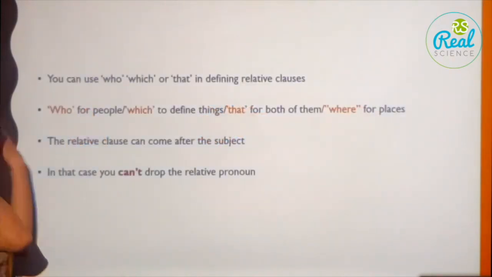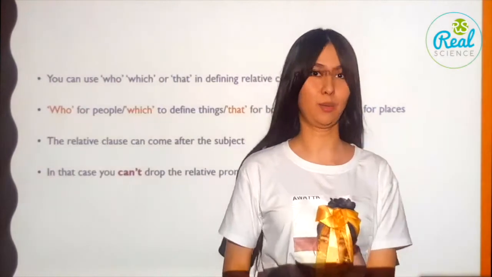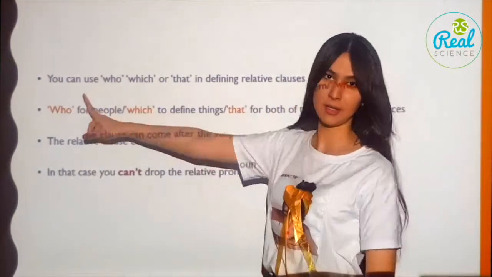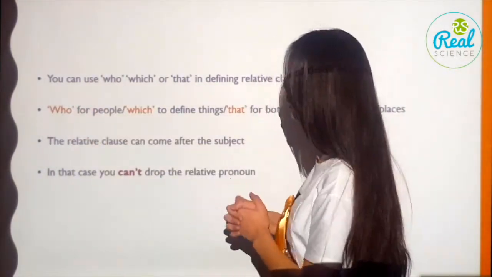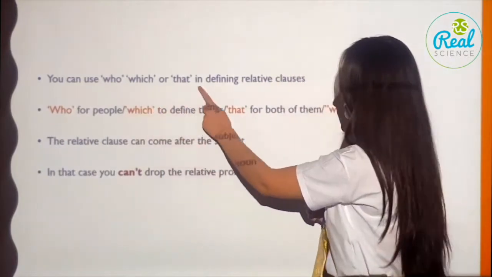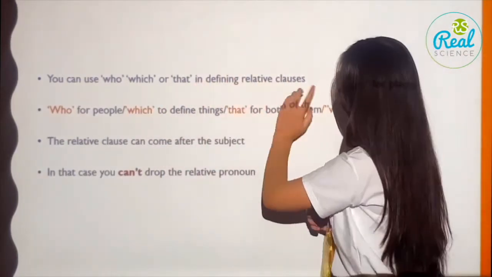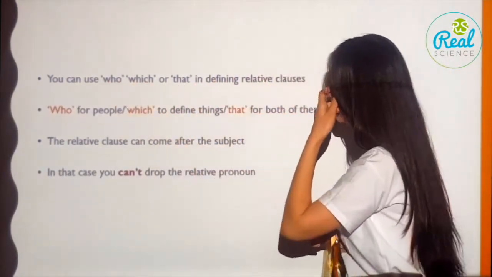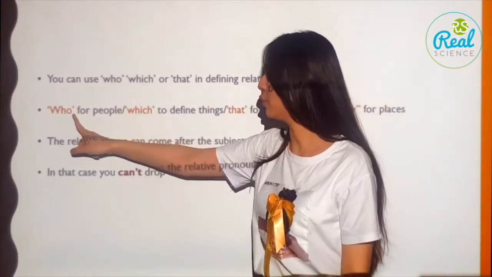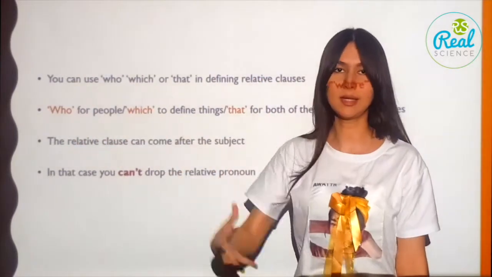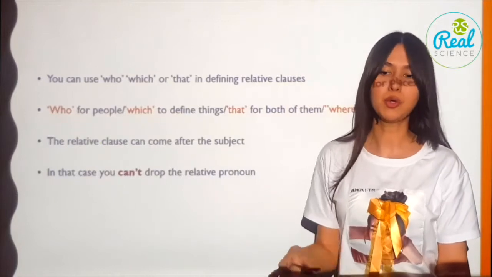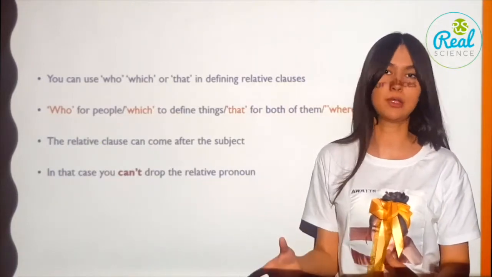So now, what do we use those relative pronouns for, guys? Look at the first example rule. You can use who, which, or that in defining relative clauses. So these are the actual list. Who is used for people. So as I told you, who is used when you describe a person.